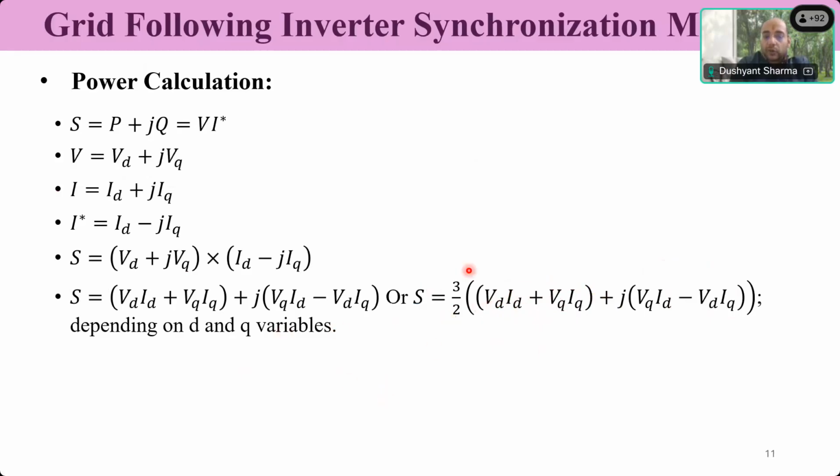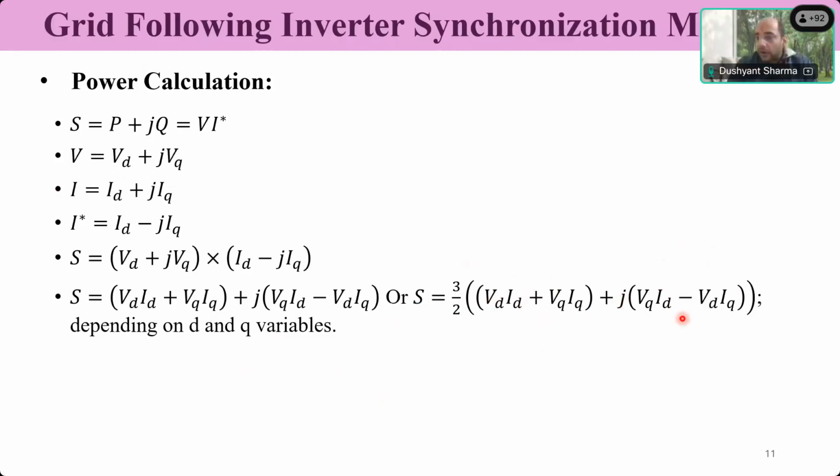Or if you neglect the 3/2 part, it is just VD into ID. Now VD is the grid voltage. As I told, the grid voltage is constant. It's just converted from ABC to DQ. If it is converted from ABC to DQ, the grid voltage D axis is constant. So this is constant. So what is the only variable left? The only variable left is ID. The D axis current is variable.